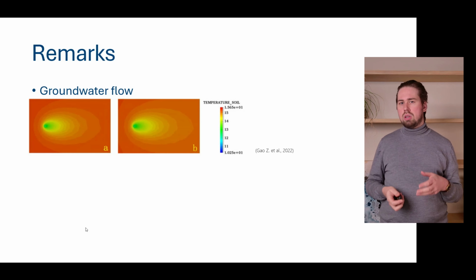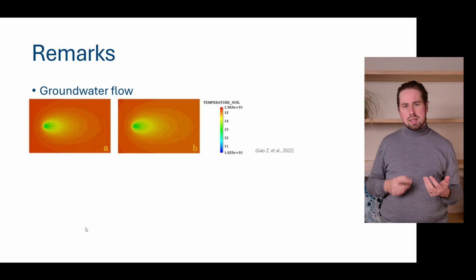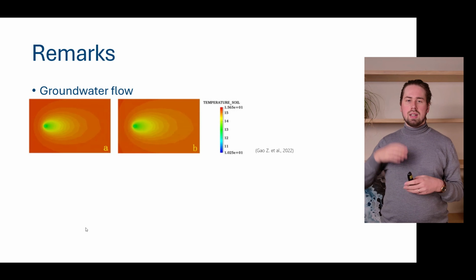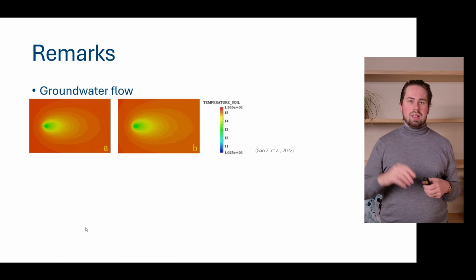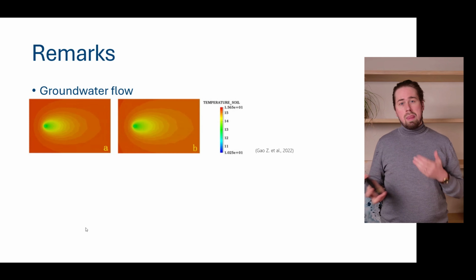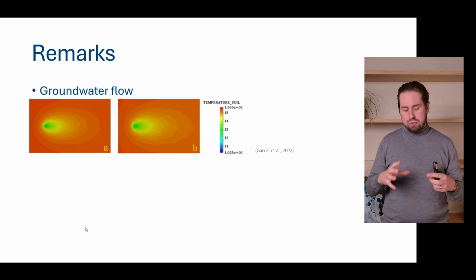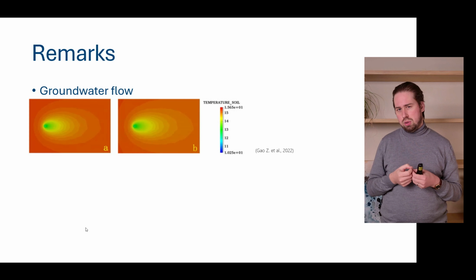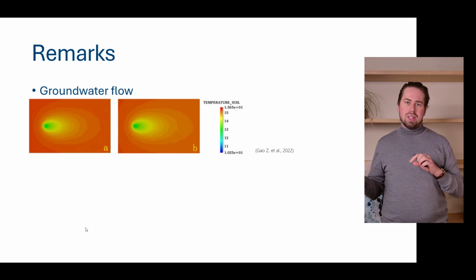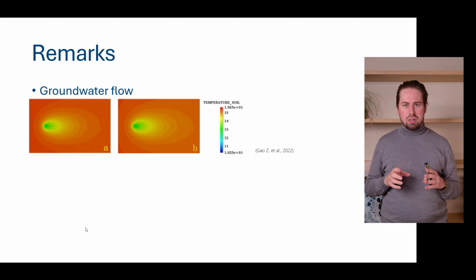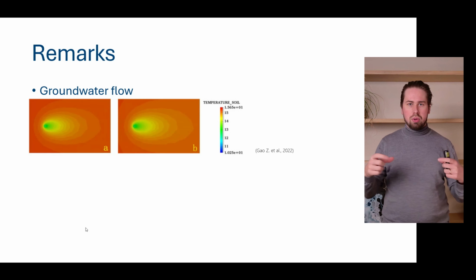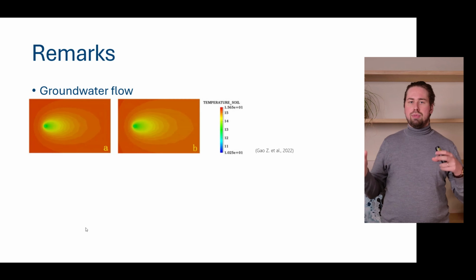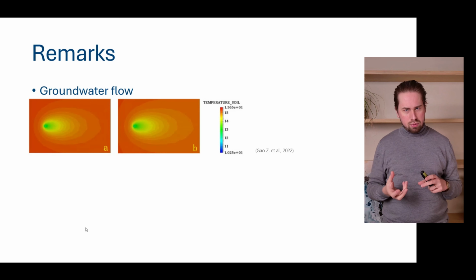Now, groundwater flow can be beneficial for your case if you have quite a large imbalance. Having water flowing away is actually a good thing. If you want to use your bore field really as a storage of heat, you don't want this groundwater flow. And depending on if it's beneficial or not in your case, you will try to arrange your boreholes in such a way that you have more or less influence of the groundwater flow.